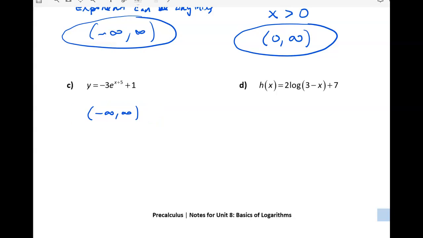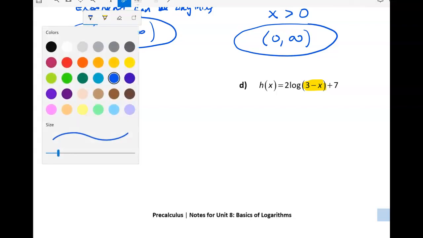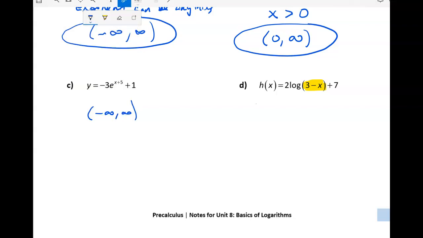In D, we have another log function, and so in that log function, we have to concern ourselves with the inside of the logarithm. Whatever you're taking the logarithm of has to be a positive number.